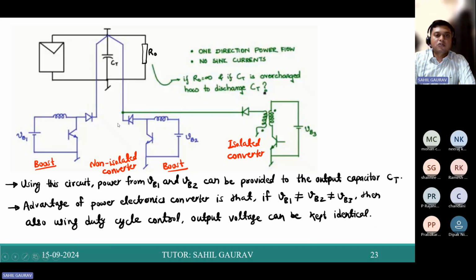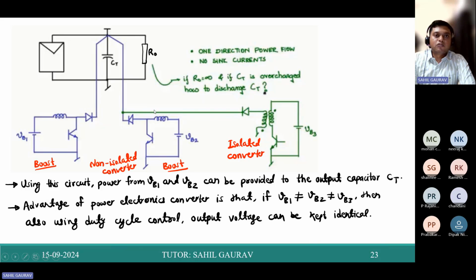So the reference value that we provide to all these converters has to be the same, because this voltage is fixed and the battery voltage may be different. By changing the duty cycle, you can keep the output voltage identical.